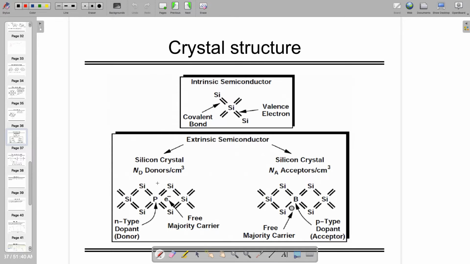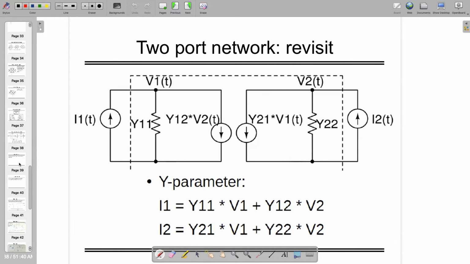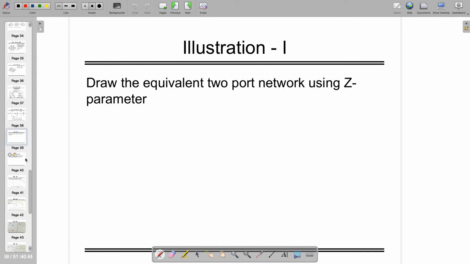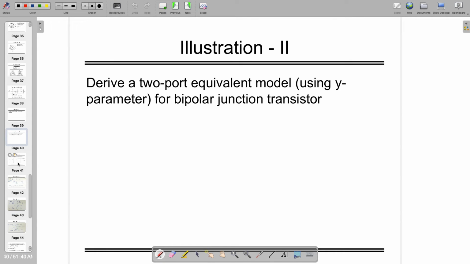Is it okay? Okay. So now let's go back to our circuits where we were using the two-port network for Y parameter. In Y parameter, you must have remembered this kind of structure. Now I'm asking you to derive this and give it to me as surprise quiz number 1.